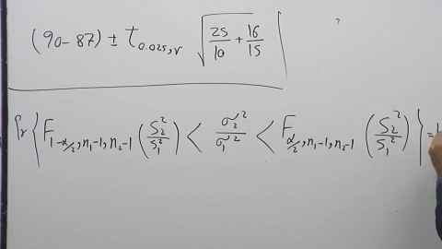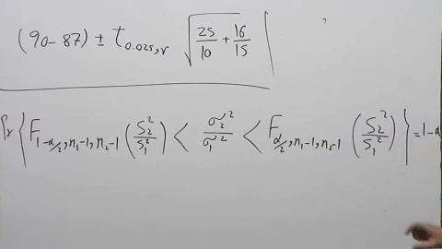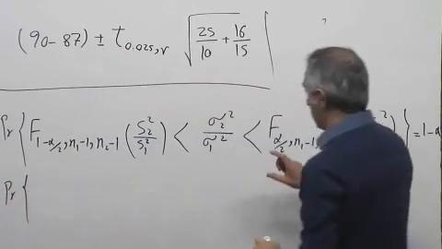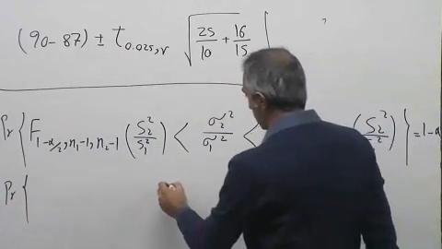This is 1 minus alpha. Then I just reverse the whole thing.